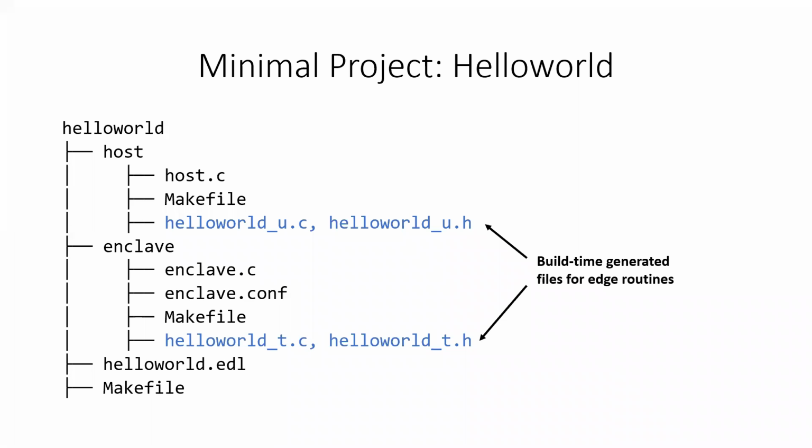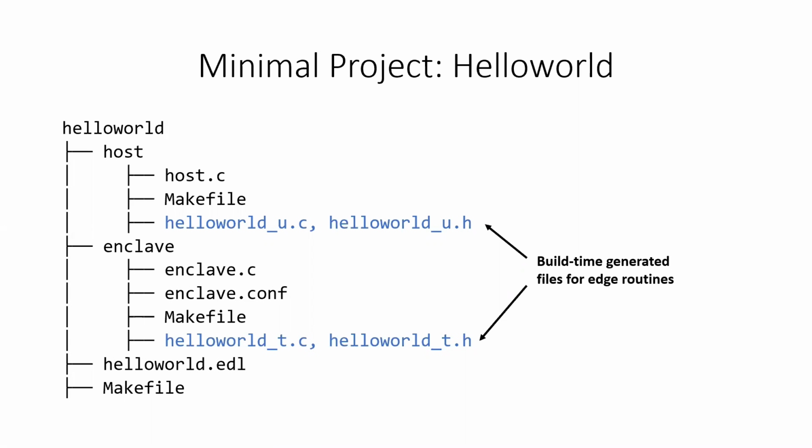Okay, so we will have a high-level model of how the host and enclave interact with each other, and in the following slides, we'll go through more detail on how an application on OE looks like. This is a minimum application you can create using the OE SDK.